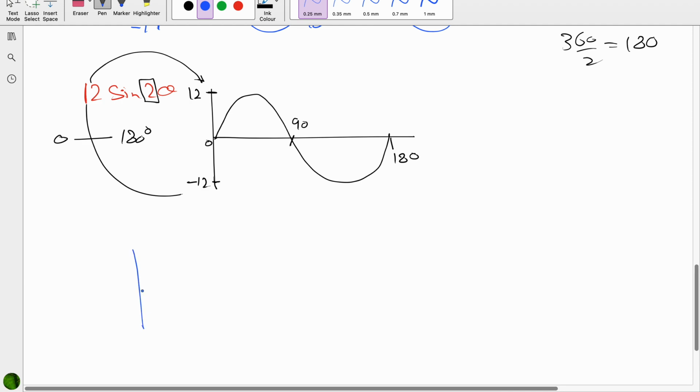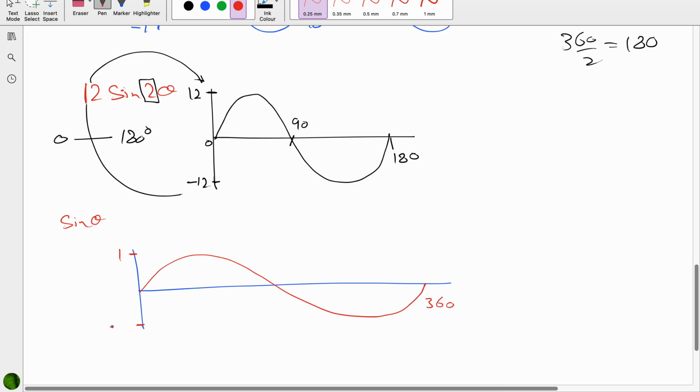Let's have a comparison on one grid. Let's say we draw sine theta. So this ends at 360. Highest point is 1, lowest point is minus 1. Then let us draw sine 2 theta. Now this should complete in 180, and we have two curves in 360.